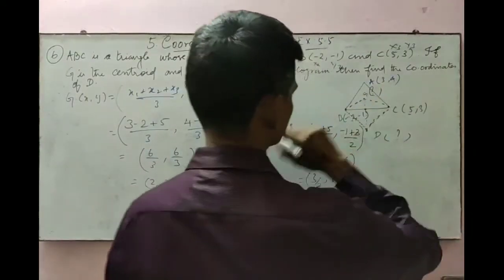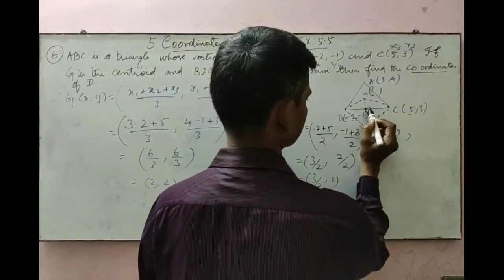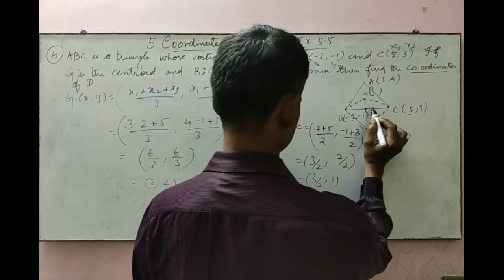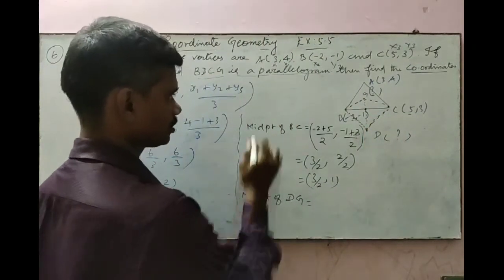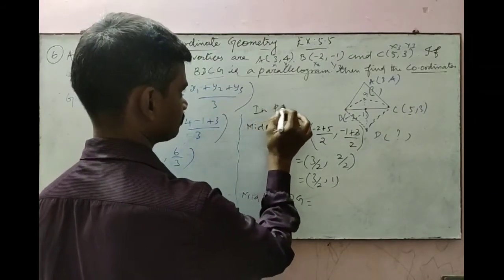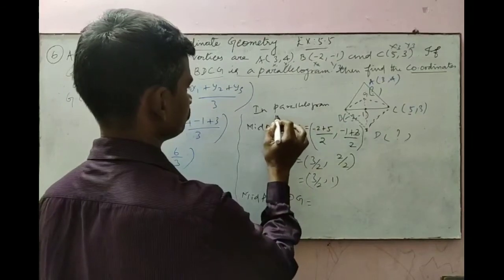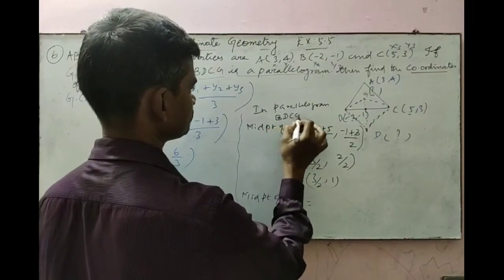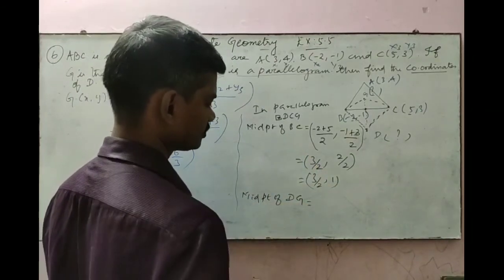Okay, here we have to find the coordinates of D only. So we get the midpoint of BC. In a parallelogram, BDCG is a parallelogram, so the midpoint of BC is equal to the midpoint of DG.